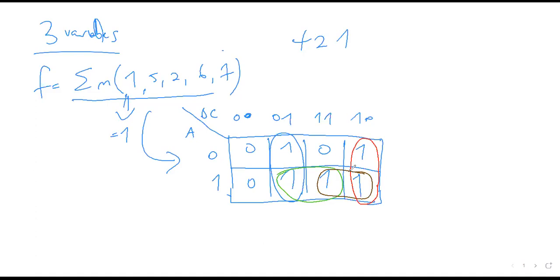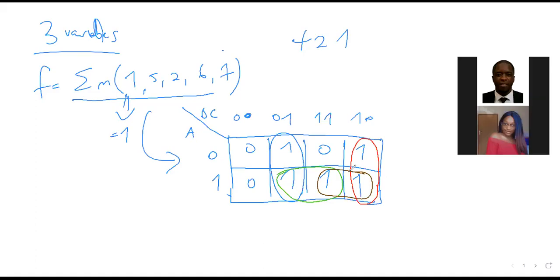If you are using POS, you identify the zeros. We'll get to that later on. Here we are using SOP. We identified our ones. You group them starting with the largest. Our largest was 2 here because we don't have 8s, we don't have 4s. Our largest was 2. We have 4 groups of those ones.